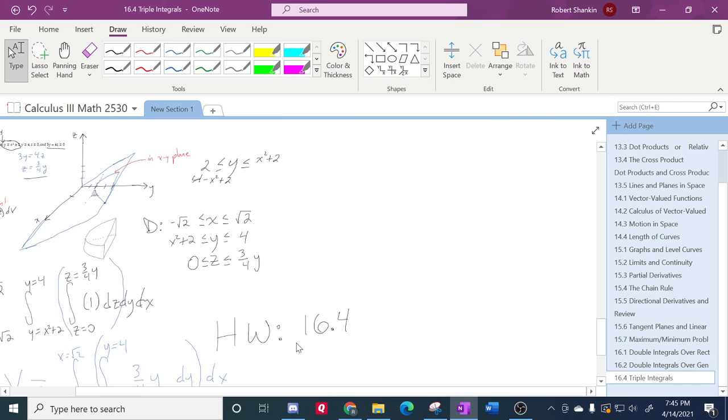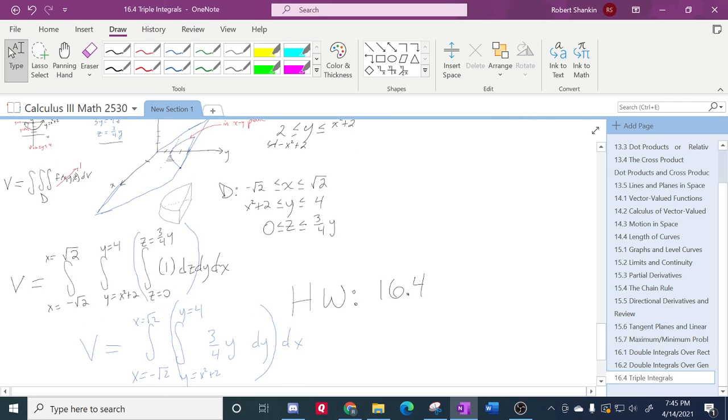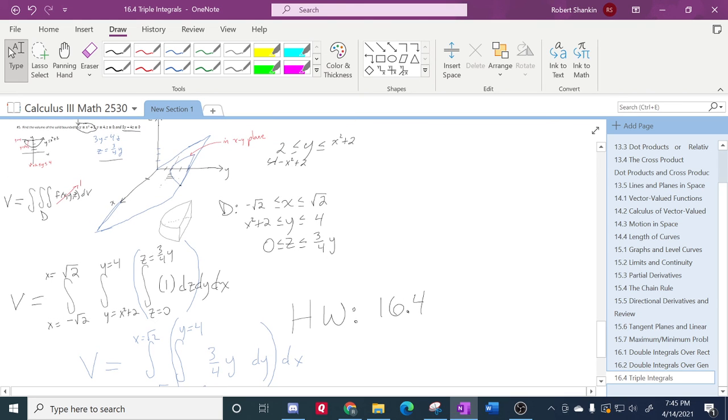Go ahead. Imagine if the lower z bound on the problem we just did had a y in it. Imagine if the lower bound of the z integral was z is equal to -3/4 y.